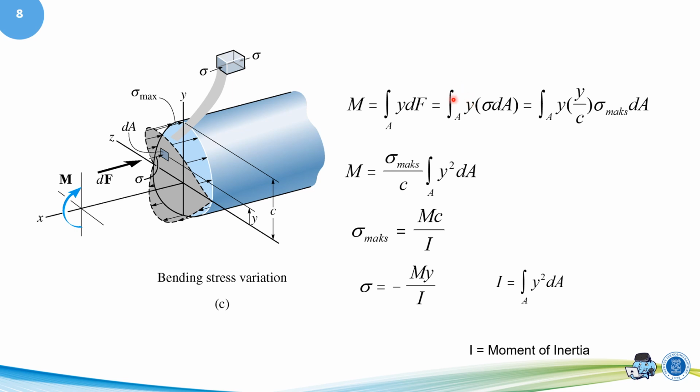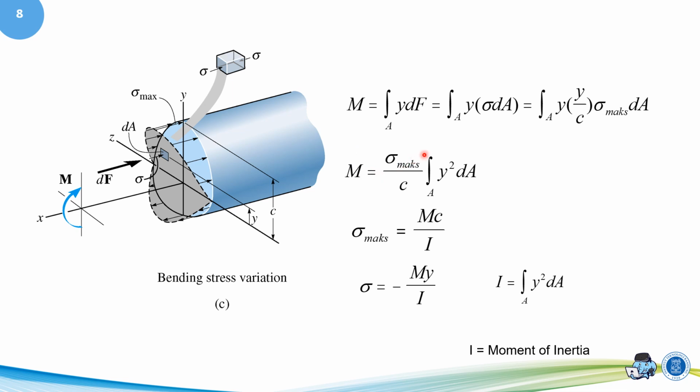Then we integrate that at the cross-sectional area. By doing so, we will be able to get this particular equation, which actually shows us the relation between the moment and the maximum stress.